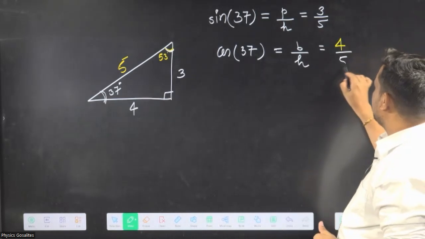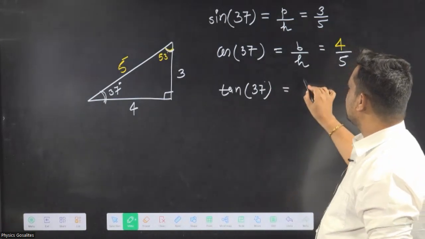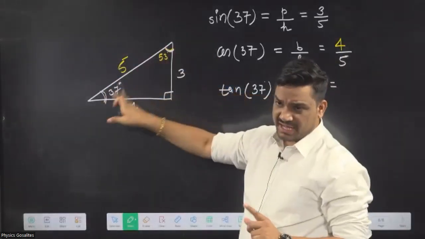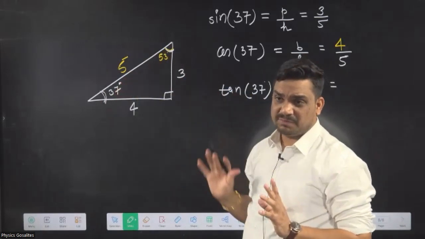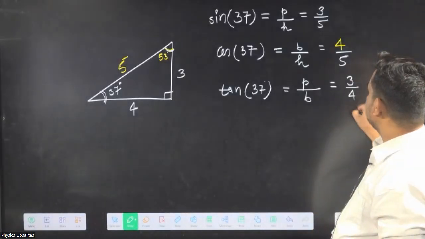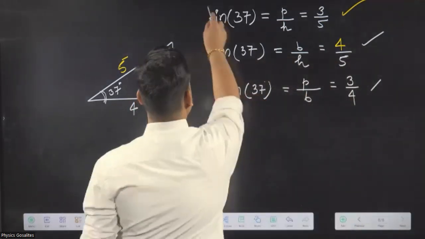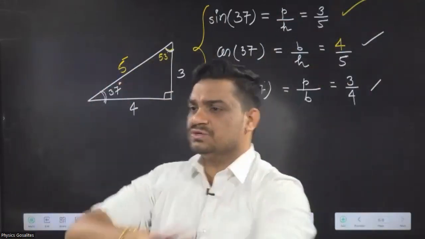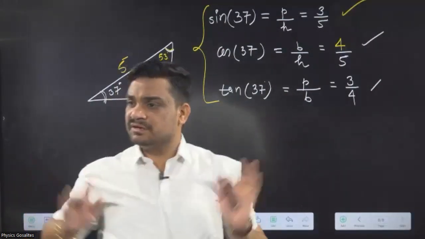What will be tan 37? Tan 37 is P by B, and P is always in front of the angle, that is, opposite to the angle is the perpendicular. So this becomes 3 by 4. These values also we use. Anyone having problem with 37? Yes, you can use it, but right now whatever I'm saying, you have to remember. 37 we can remember. Yes, very good.